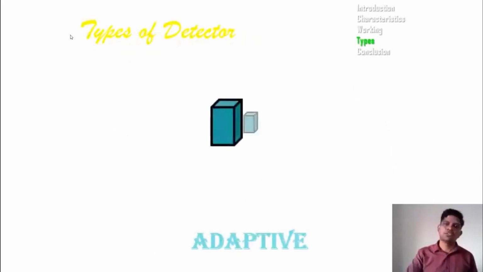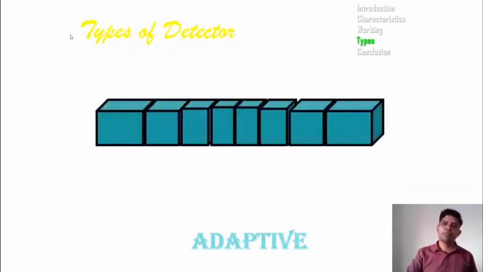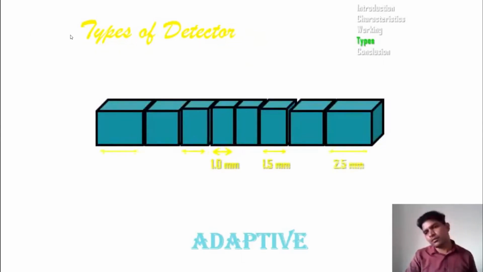Later the adaptive array was used. In the previous design, all the array, all the matrix elements were the same size, but in adaptive they changed the thickness of the detector elements, some with 1 mm, others with 1.5 mm, and others with 2.5 mm. So if you want to take 1 mm, the 1 mm detector will activate.